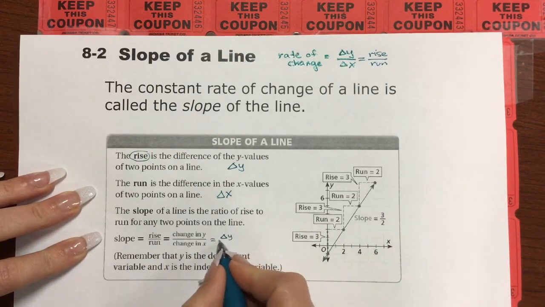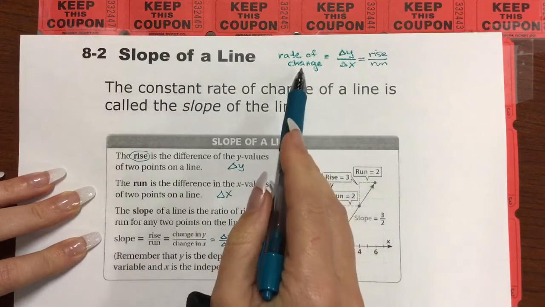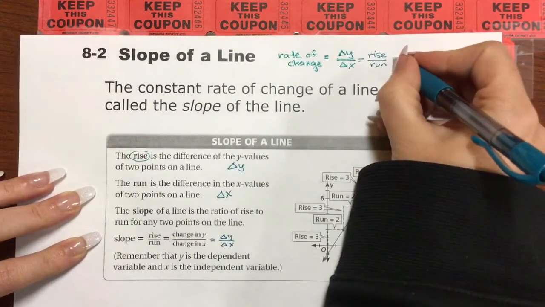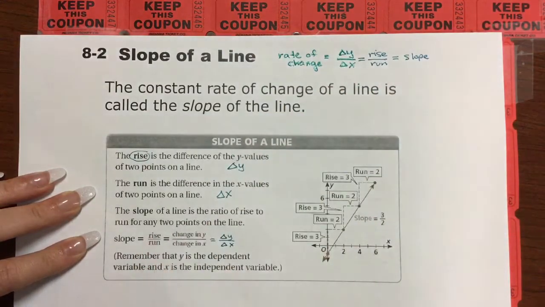So really, slope is actually the same thing as the rate of change. They are exactly the same. They are just called different things and use different symbols at times. It says, remember that y is the dependent variable and x is the independent variable.